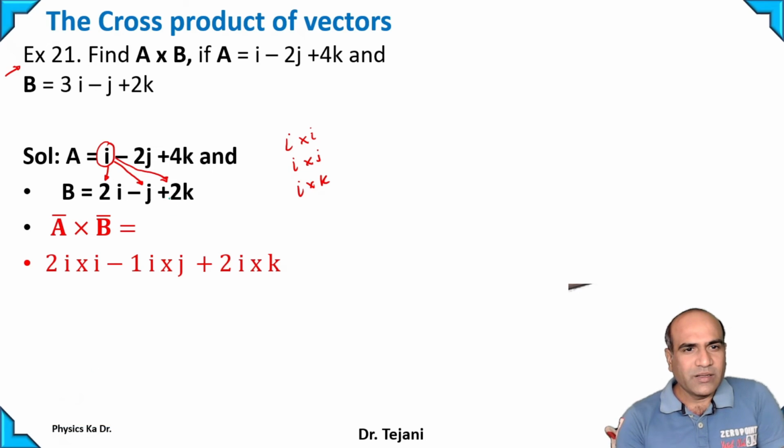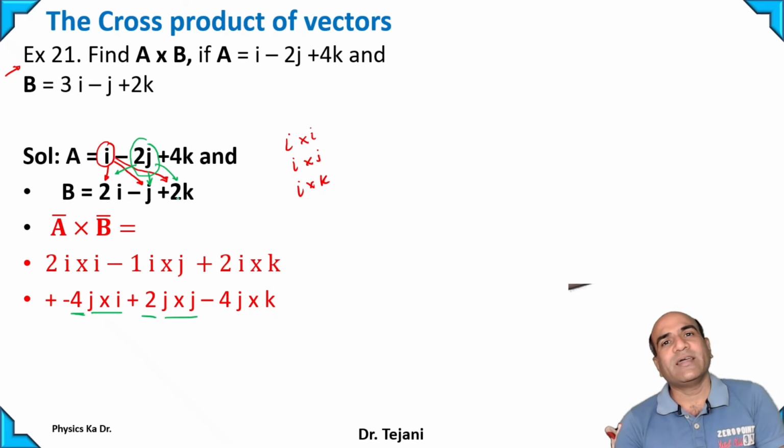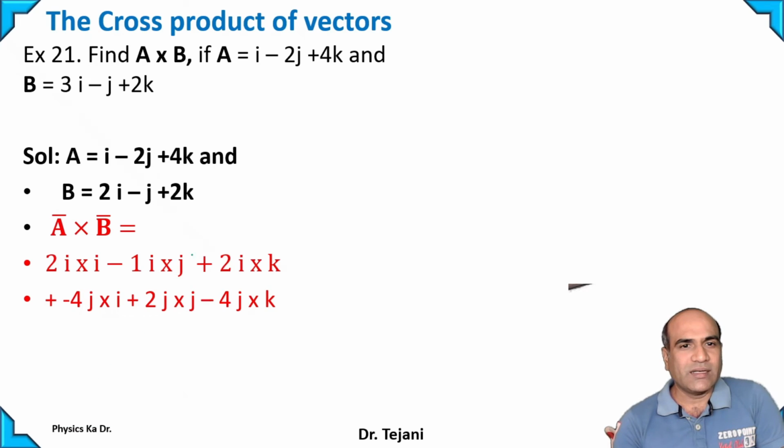Then next one, 2j multiplied by the first, second and third. So 2j multiplied by 2i becomes minus 4 ji, the direction we have to take, right? Second, minus 2j multiplied by minus 1, so it becomes 2 jj, and minus 2 multiplied by plus 4, so it becomes 8 jk. And the last one, let us take the last one, that is 4k.